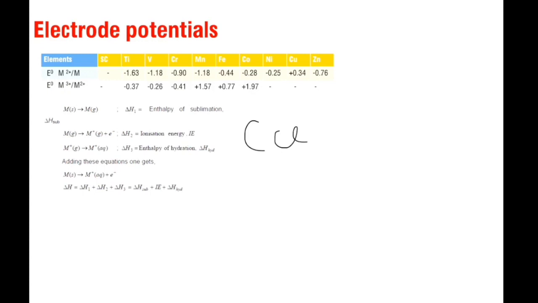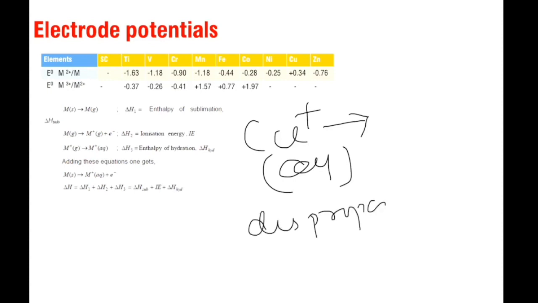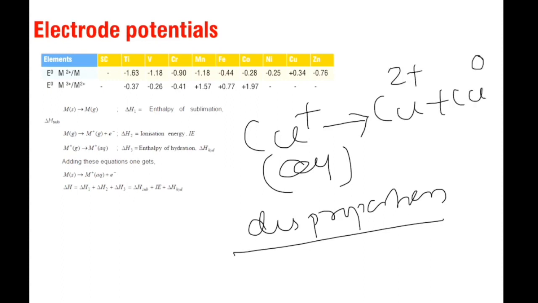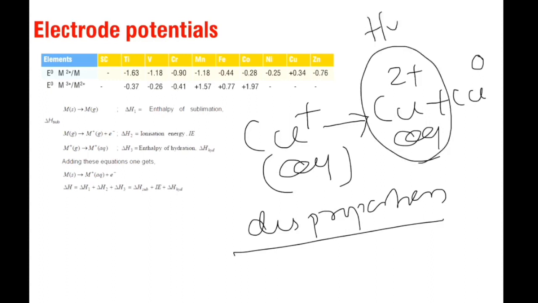Again, the copper plus in aqueous medium is highly unstable, and it easily undergoes a disproportionation reaction to convert to cupric form plus copper 0 form, because copper 2+ in aqueous form undergoes more hydration.